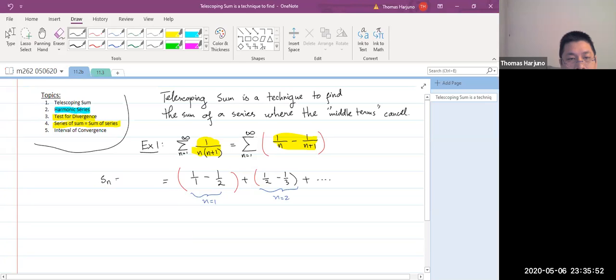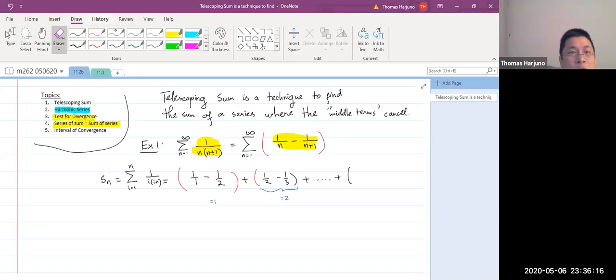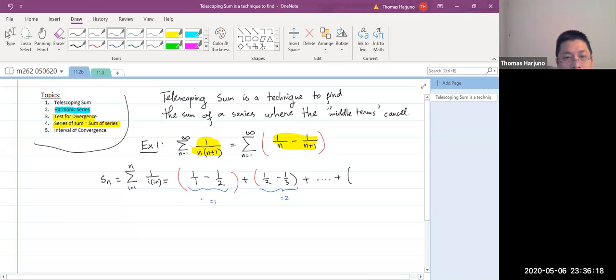The nth partial sum, which means I add only up to n. If I add only up to n, I need to correct some of my notation here. It should be i there, so i equals 1, i equals 2, up to i equals n.